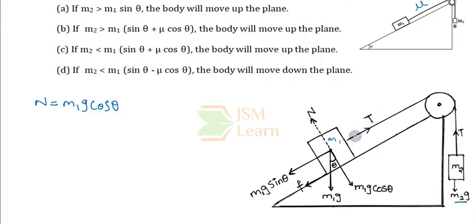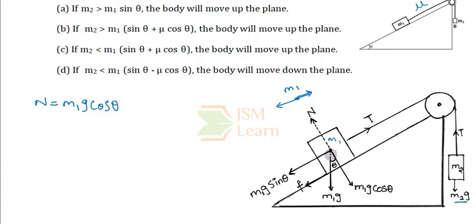So the same tension will pull the block M1 towards the upward direction. Let us suppose the block is moving in the upward direction. Then the frictional force will be generated in such a way as to oppose the motion of the block M1, that is, downwards along the inclined plane, along m1g sin theta.